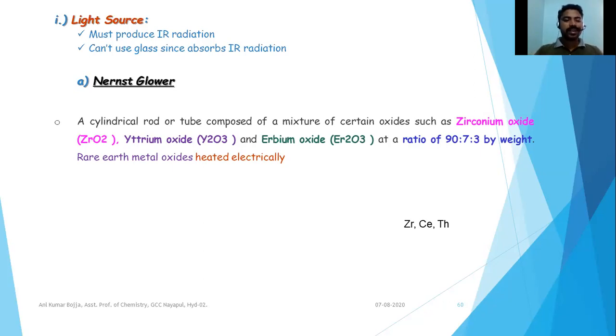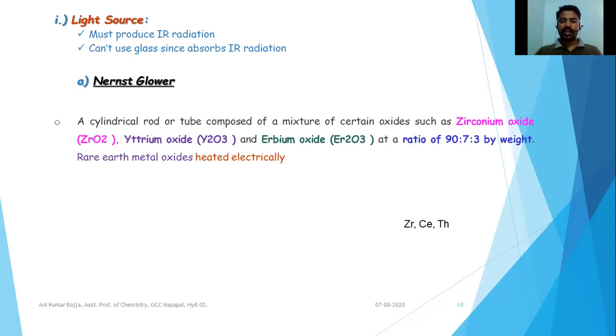It is a cylindrical rod or tube composed of a mixture of certain rare earth element oxides such as zirconium oxide, ZrO2, yttrium oxide, Y2O3, and erbium oxide, Er2O3. These are rare earth elements.